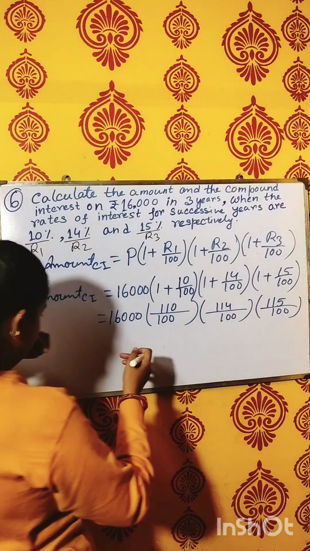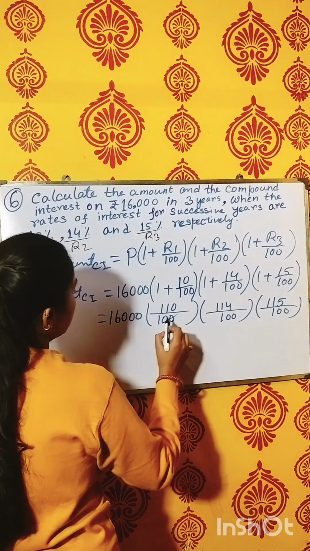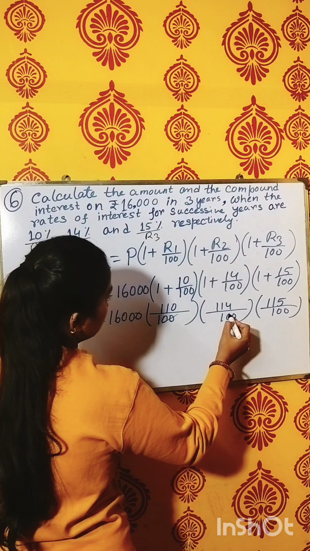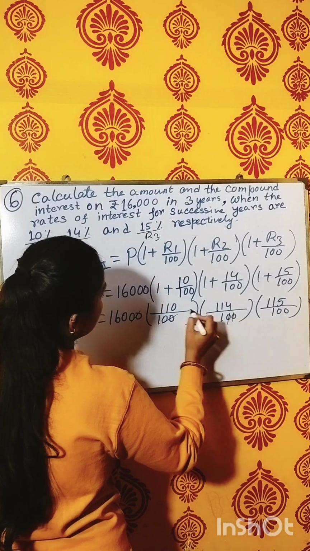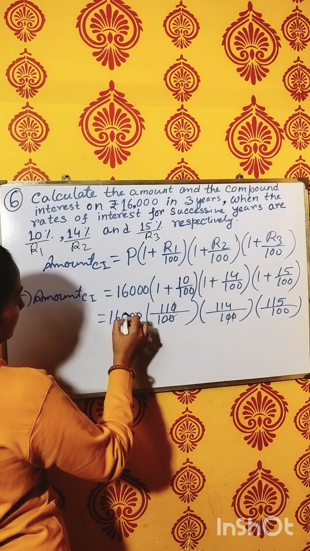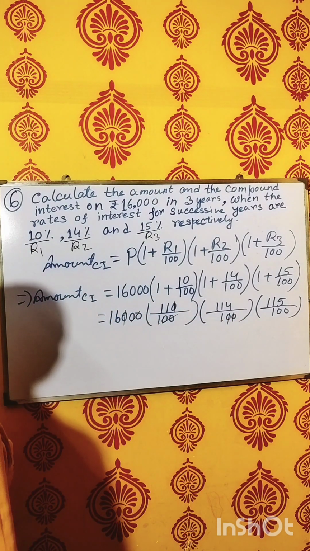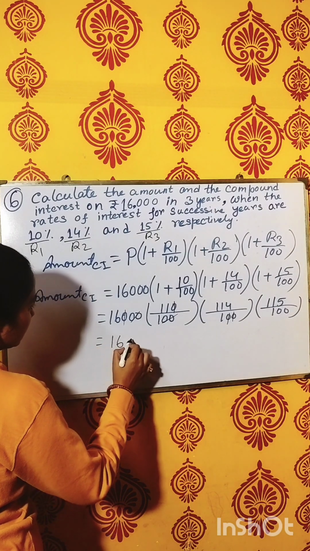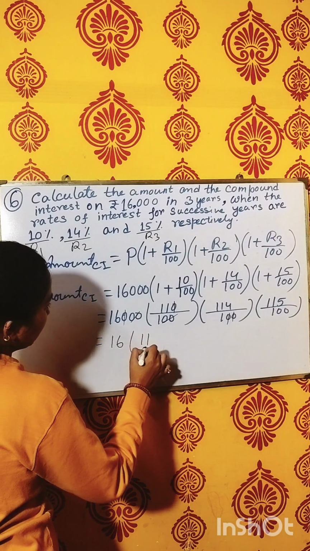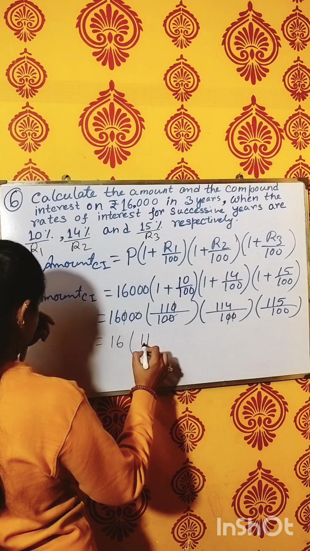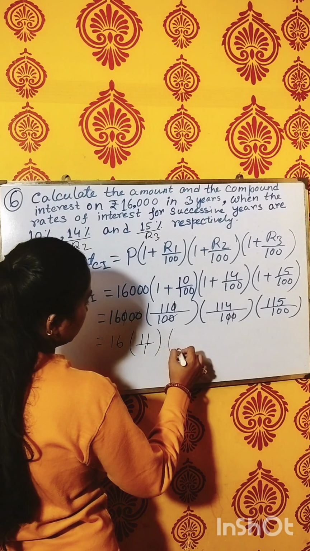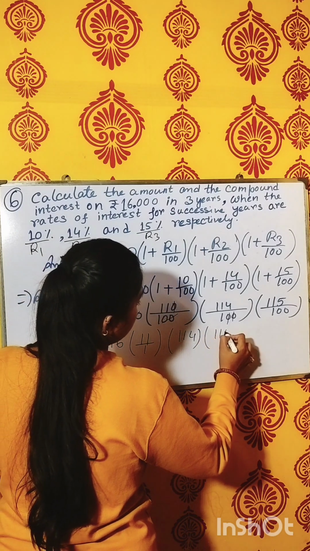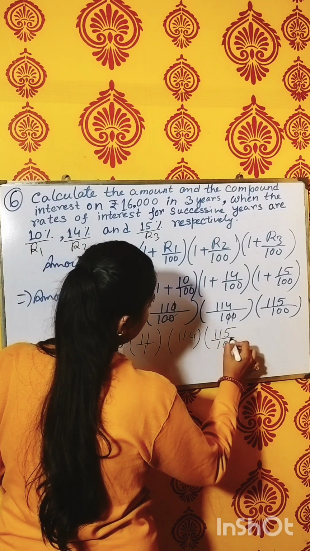Now we cancel out the zeros. Here two zeros will be cancelled with this, then 1 0, 2 zeros. Okay, now we can write 16 multiplied by 11 by 1 multiplied by 114 multiplied by 115 by 100.